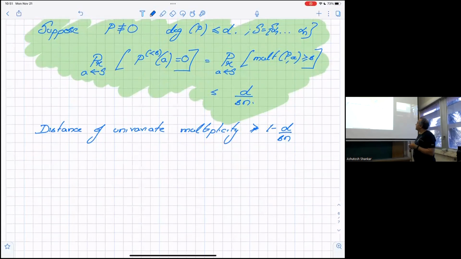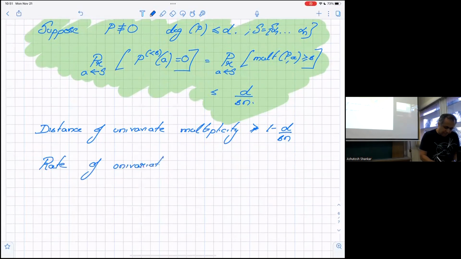And I want to state the rate of it. People write the rate of the univariate multiplicity code this way. It's usually written as (d plus 1) over (s times n).